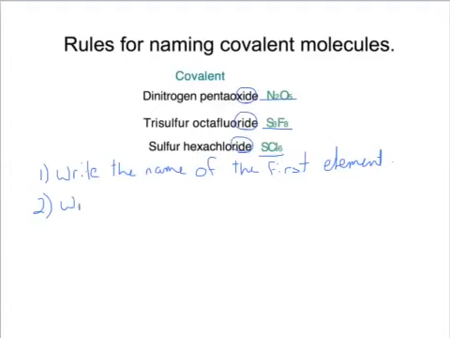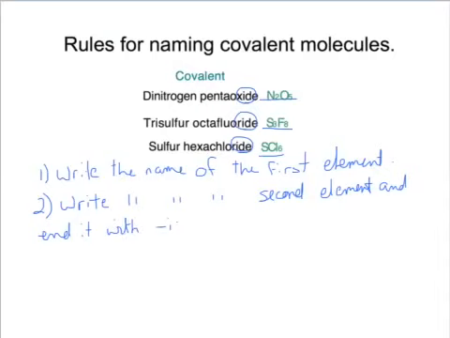So you want to write the name of the second element and end it with IDE. So chlorine becomes chloride, fluorine becomes fluoride, oxygen becomes oxide, and so on.